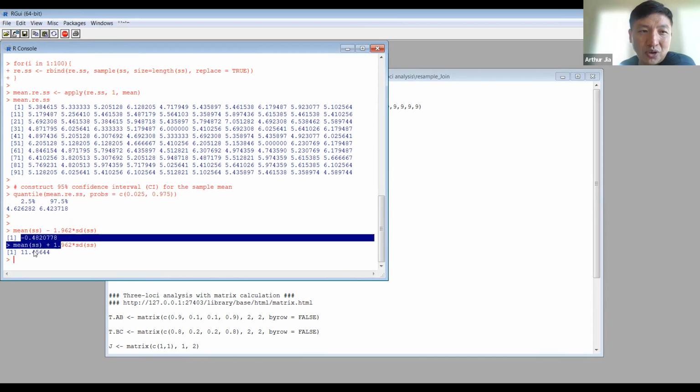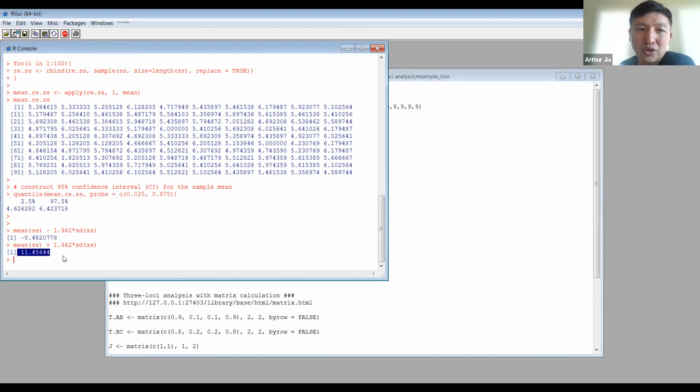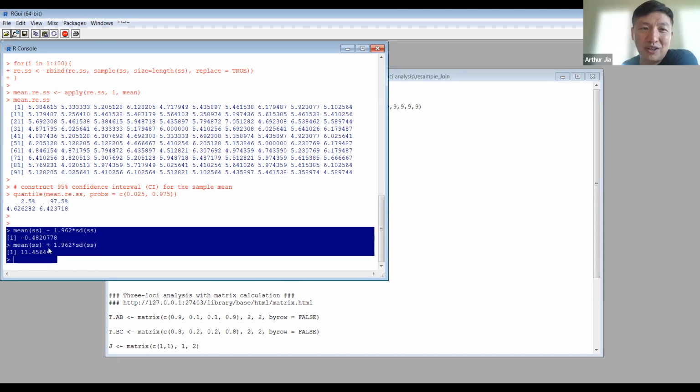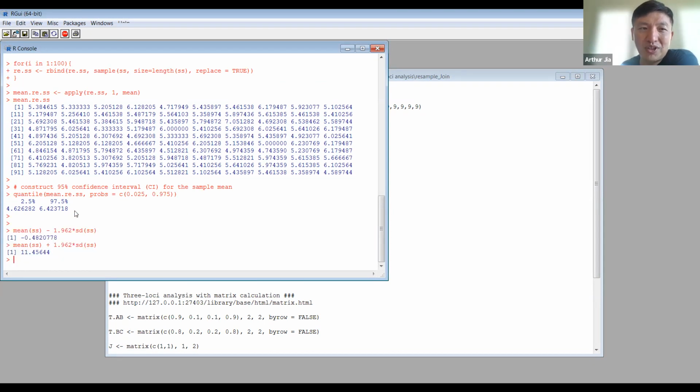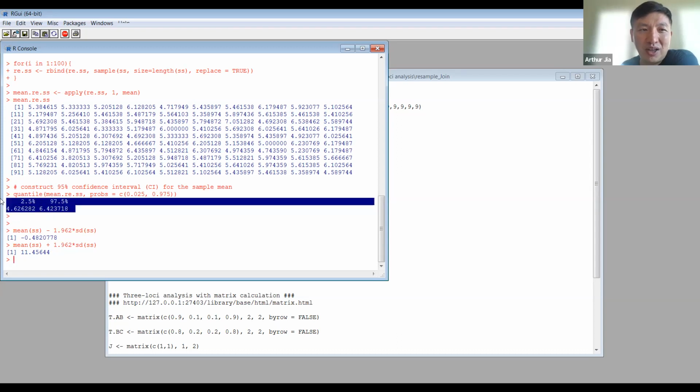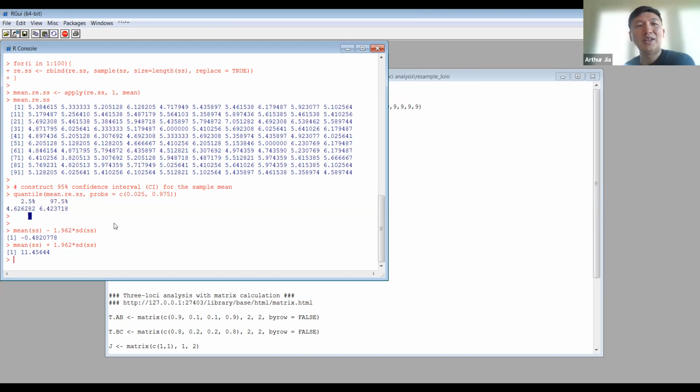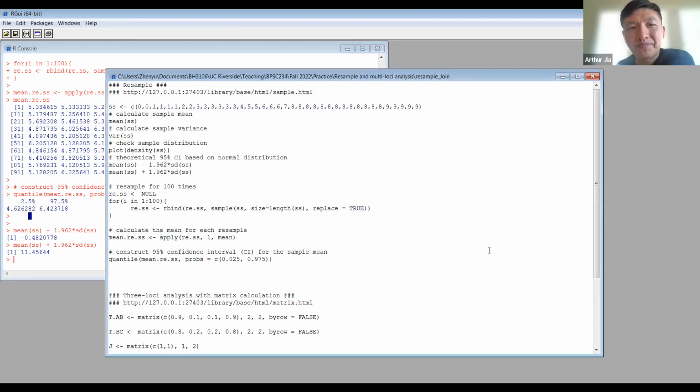This is too large because you used the incorrect tool. Your distribution is not normal, but you used the normal tool to calculate the confidence interval, which gives you an unreasonable range. But the bootstrap or resample scheme can give you a better estimation of the 95% confidence interval.